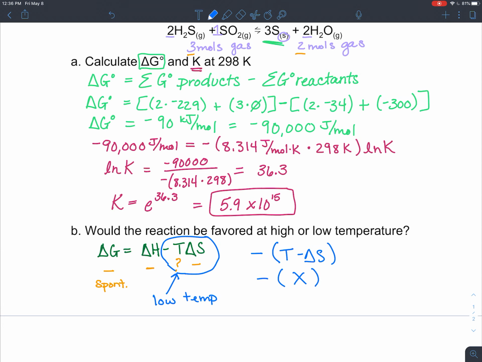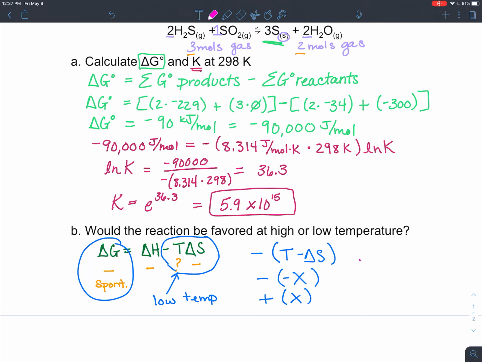If we have a high T, then that's going to give us, so this is a negative in there, so plus whatever that would be, X. If it's going to be too great, we wouldn't end up with a negative delta G. So that means we have to have a relatively smaller number, or a lower temperature, in order to maintain a value that's going to give us an overall delta G that would be spontaneous.